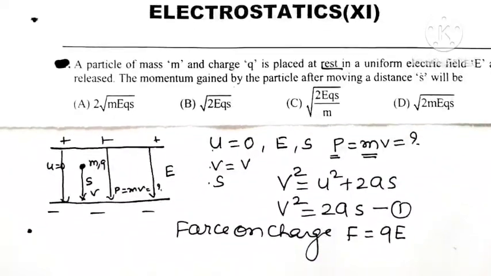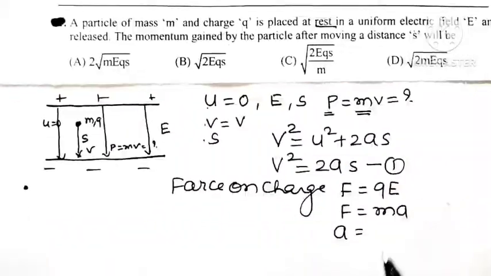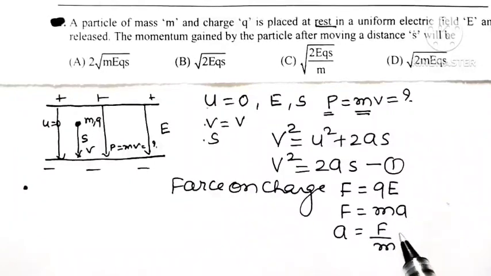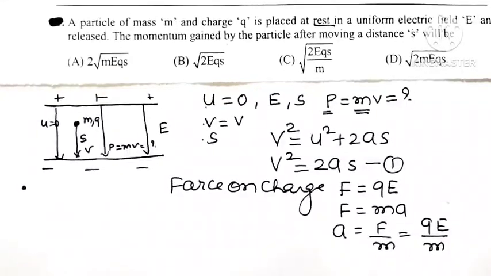But also, according to Newton's second law of motion, force is equal to mass into acceleration. So acceleration a is equal to F divided by m, and F is equal to qE, so a is equal to qE divided by m. Say this is equation 2.